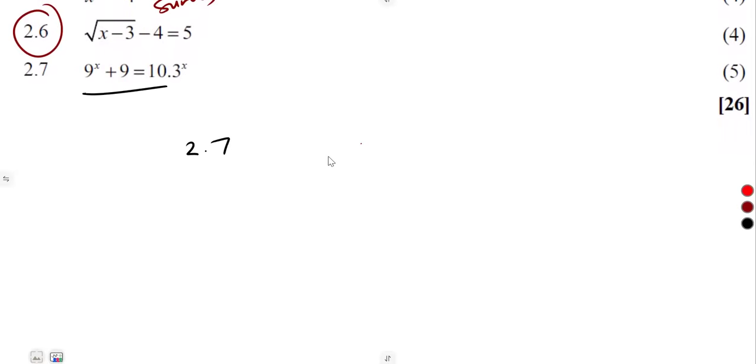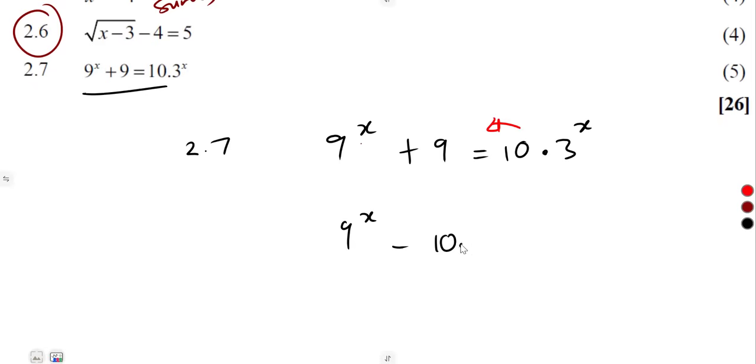2.7, again, it is to solve for x. Given 9 to the exponent of x plus 9 is equal to 10 times 3 to the exponent of x. All right, let us just take this one to the other side and see what we're going to have here. That will be a negative 10 times 3 to the exponent of x plus 9 equal to 0.